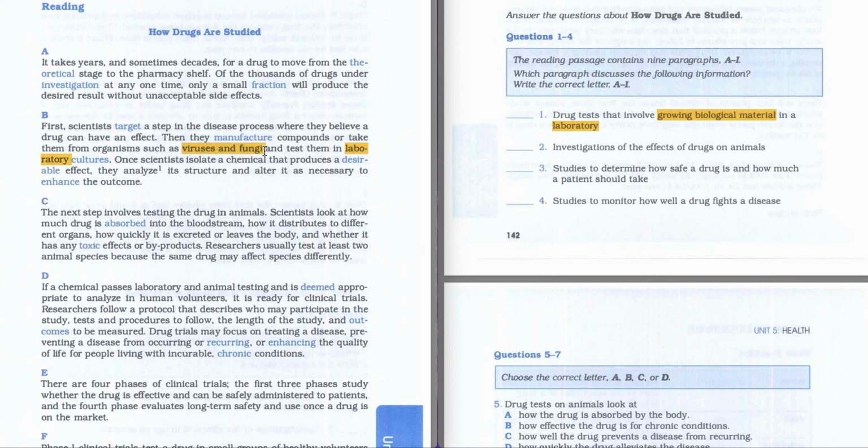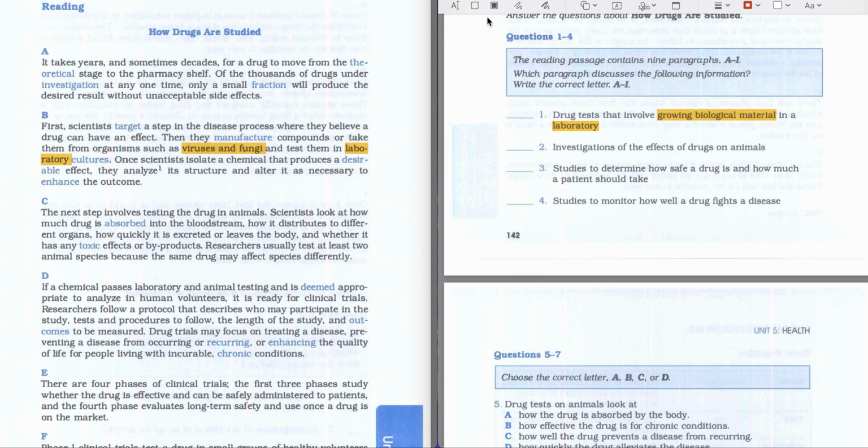So this is biological material basically. Let's read this sentence. Then they manufacture compounds or take them from organisms such as viruses and the fungi, and they test them in laboratory cultures. So basically the answer to the first question is going to be B.